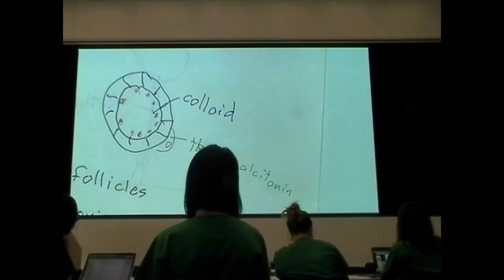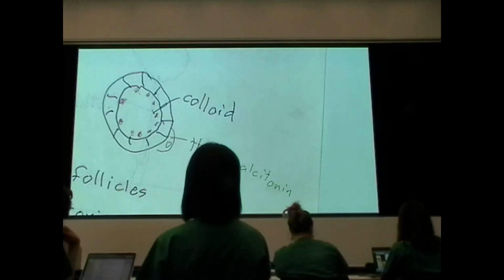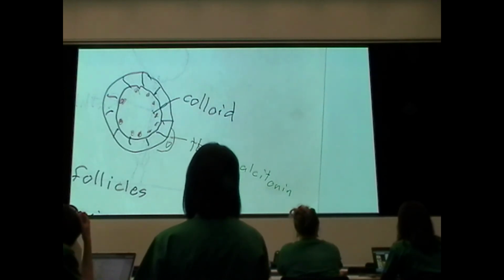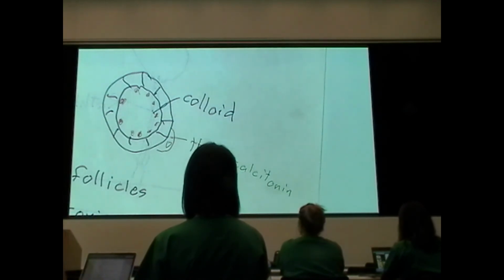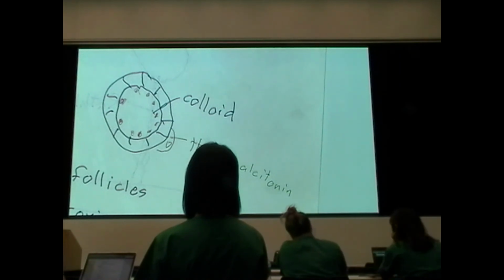Now, you undoubtedly are aware that we require our calcium levels in our bodies to stay at a certain, very well-defined level. Too much is bad, too little is bad. Well, calcitonin is involved in regulating calcium in the body.